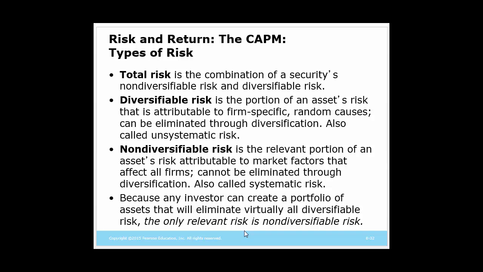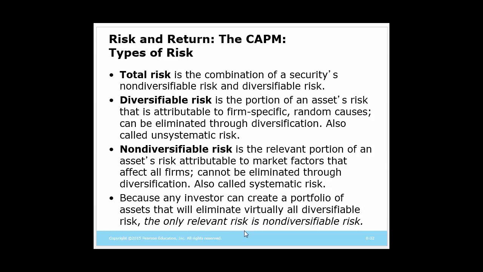Again, why is that true? Number one, people use portfolios. People can eliminate this just by purchasing and spreading their risk out over more investments. So this is the way that we can obviously eliminate things. And if you can eliminate it and it really doesn't cost you more, everybody would want to eliminate as much risk as they could.